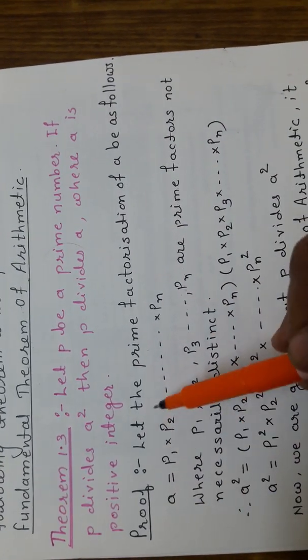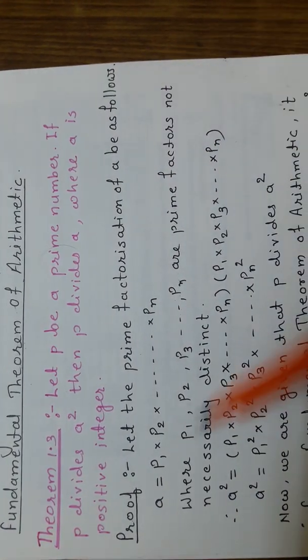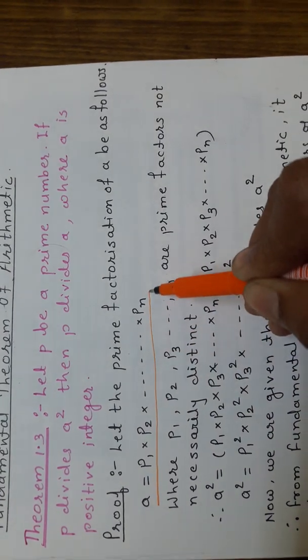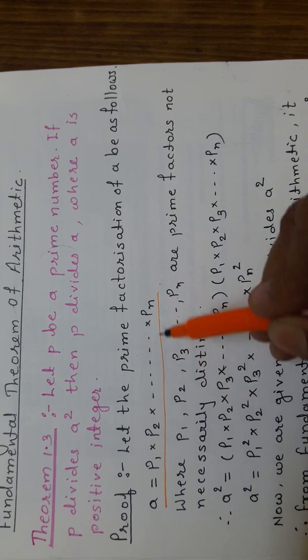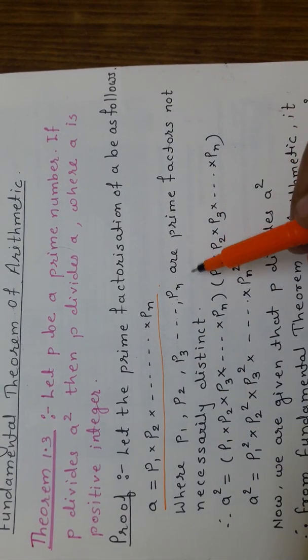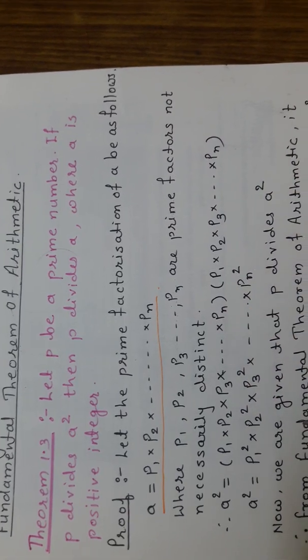Proof: we will see. Let the prime factorization of A be as follows. We can write the factors of A as P1, P2 to Pn, where P1, P2, P3 to Pn are the prime factors, not necessarily distinct.